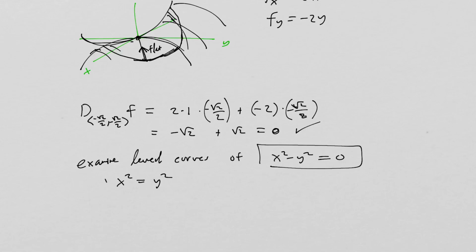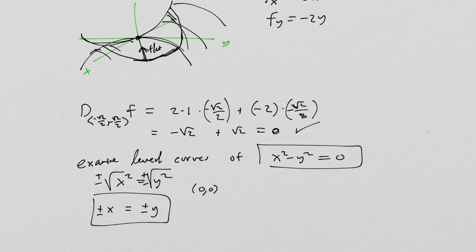Of course, then we're going to take square roots of both sides, but we have to remember it's plus or minus, right? And then we're going to get plus or minus x there, and that's equal to plus or minus y there. Okay, so we have to look at all the points that have this property. Well, clearly (0, 0) has that property, right?